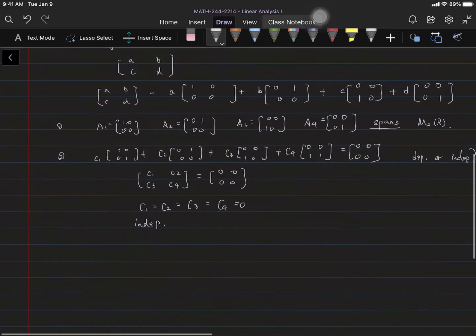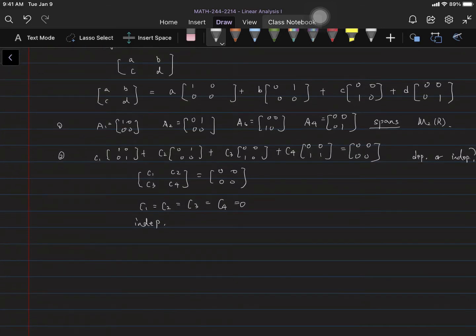So in this case, we prove the span and the independent. So A1, A2, A3, A4 is a basis for M2R. Something like this.